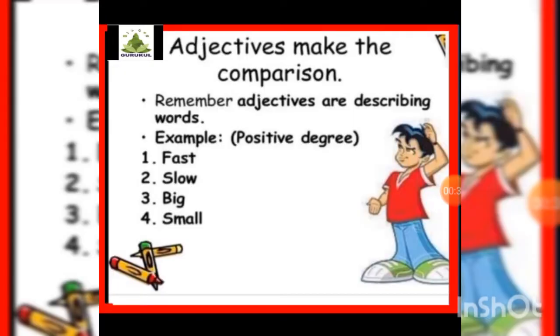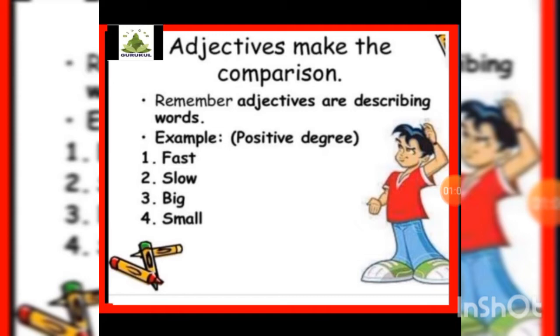Now, children, we have already studied adjectives, and as we know, adjectives are describing words, isn't it? For example, fast, slow, big, small. So, children, different forms of adjectives and adverbs are used to show comparison.